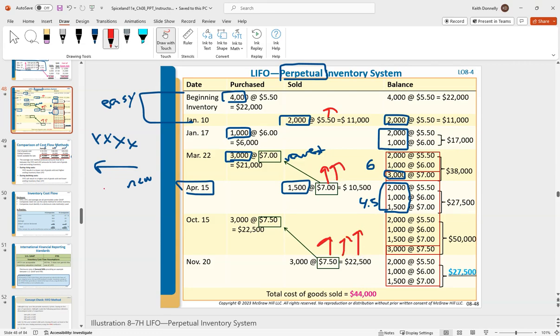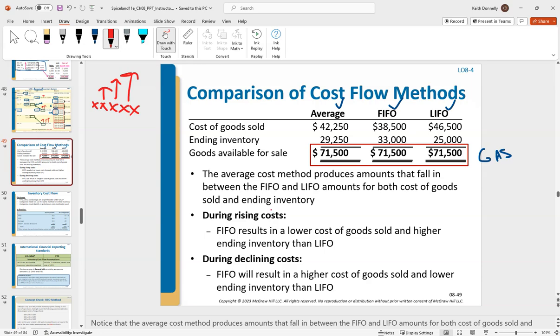The prices are going up. In those situations during rising costs, FIFO is going to produce a lower cost of goods sold. If you look at those 3, that's the smallest, and therefore a higher ending inventory. It's the biggest. That's the theory.